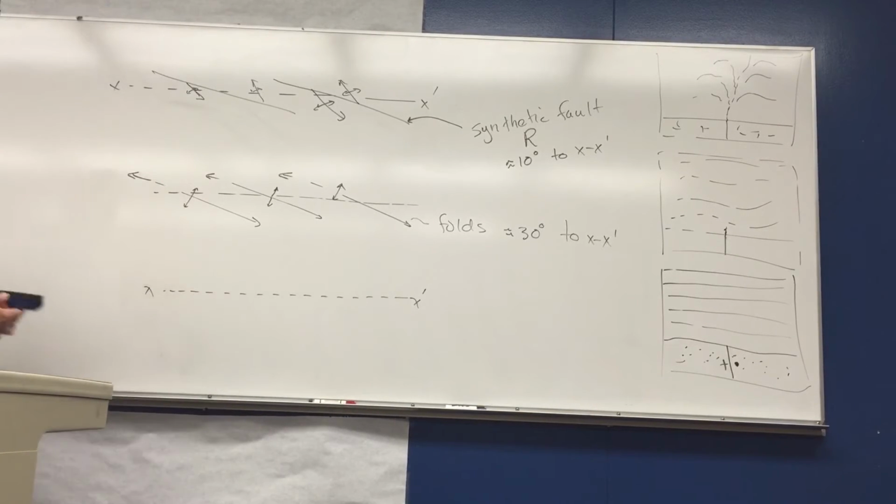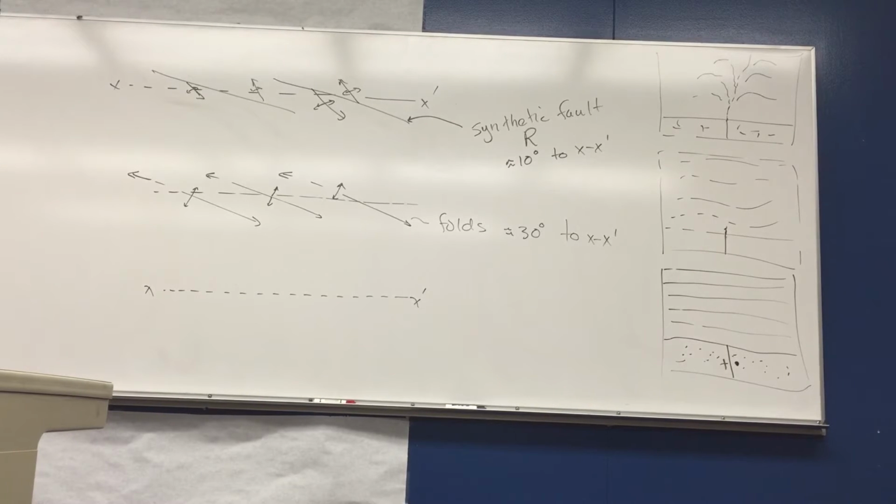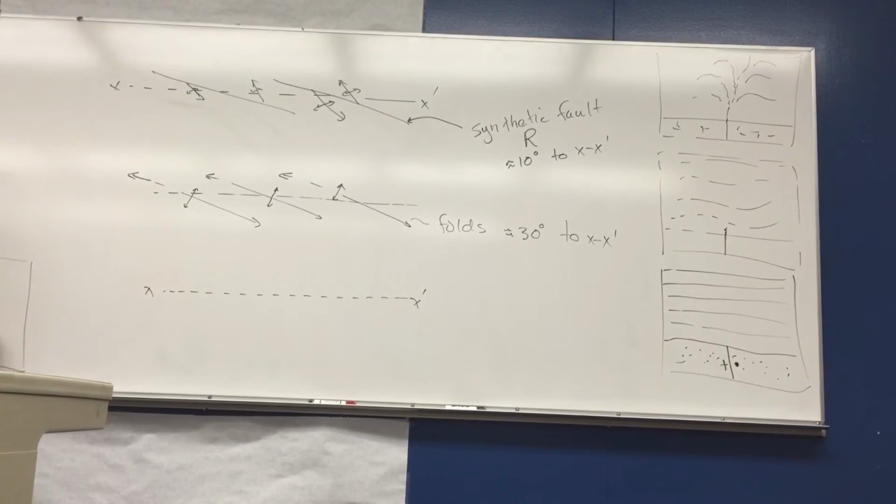So if we continue, what we're going to do is, let's come to this next diagram here. So now I'm going to have my fault start to propagate up and it begins to splay.